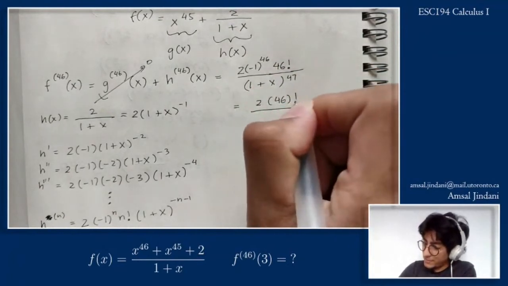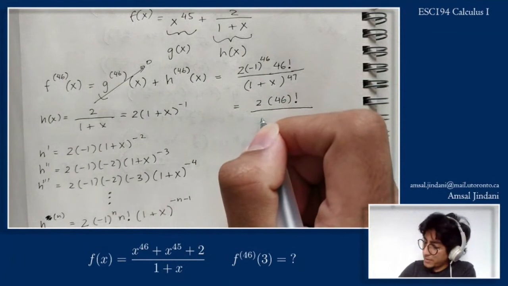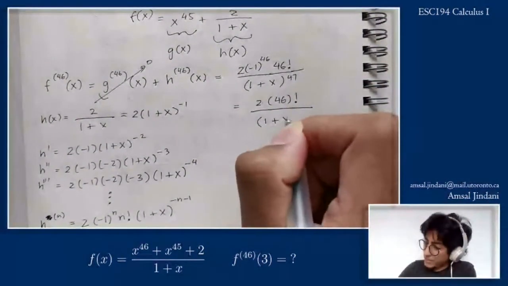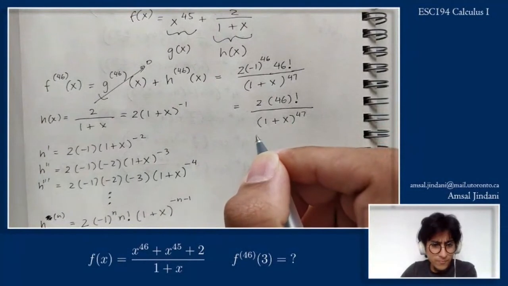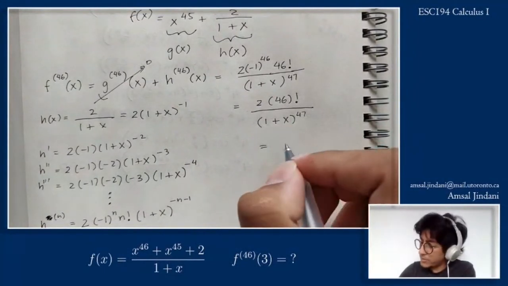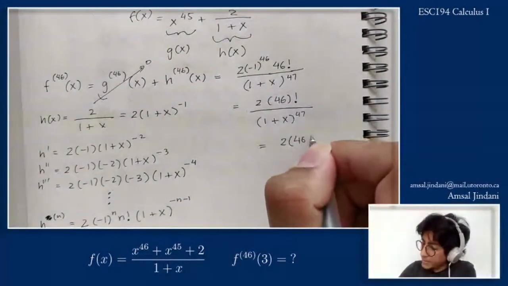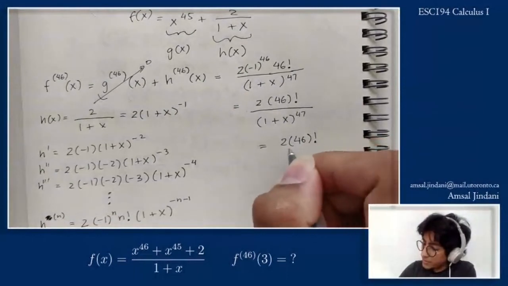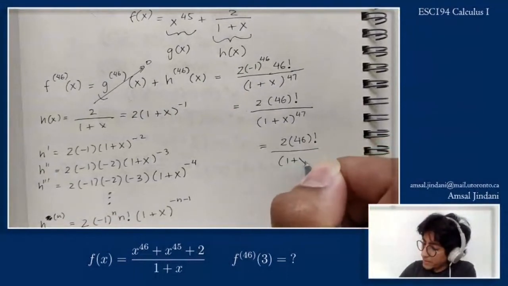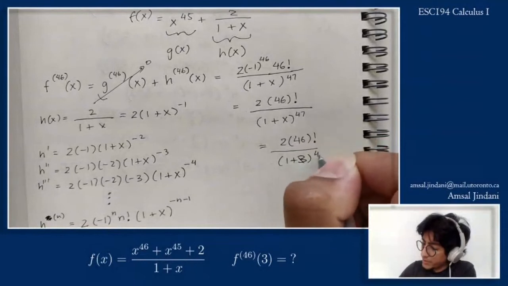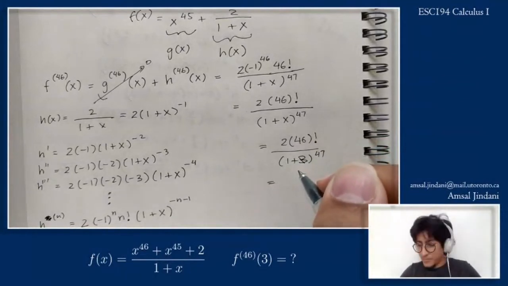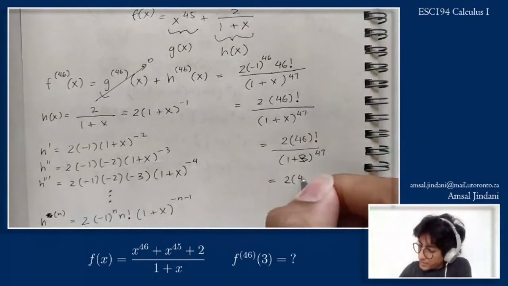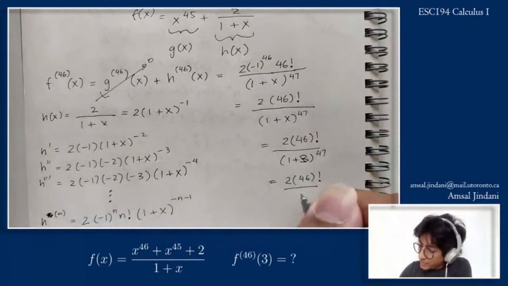So it's 2 times 46 factorial divided by (1 plus x) to the power 47. And then they want the 46th derivative of f evaluated at x equals 3. So that's 2 times 46 factorial over (1 plus 3) to the power 47. And then, so that's 2 times 46 factorial over 4 to the power 47.